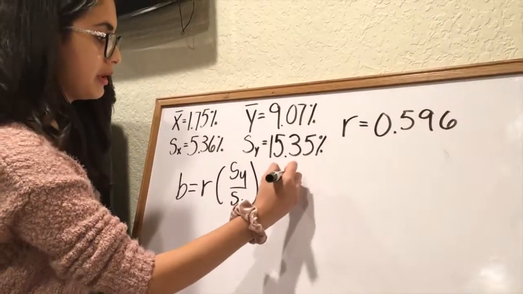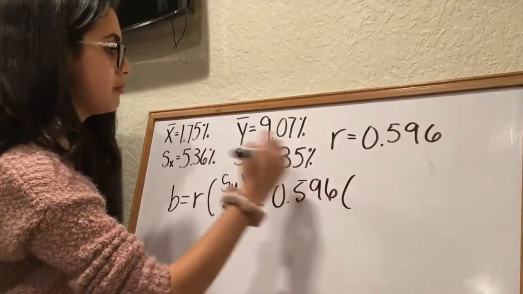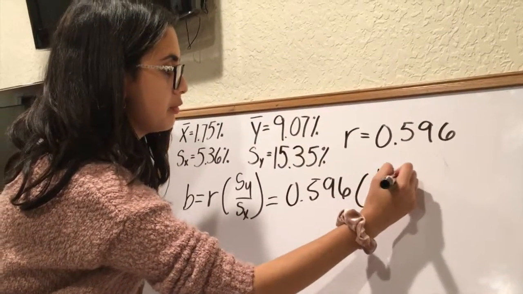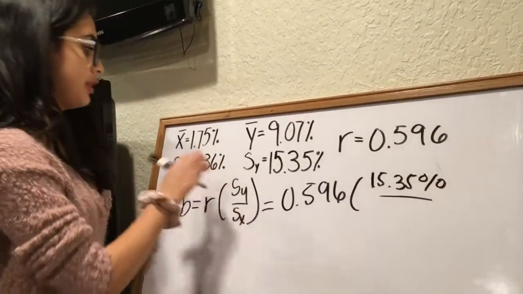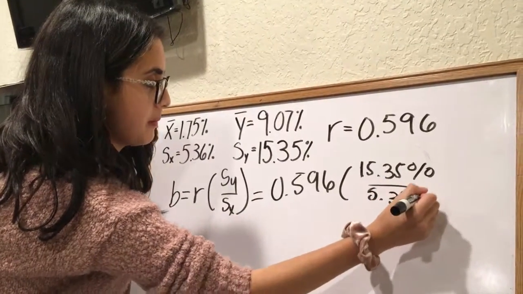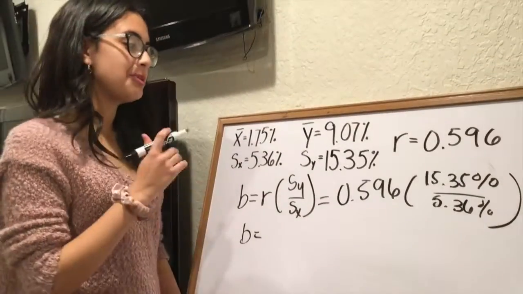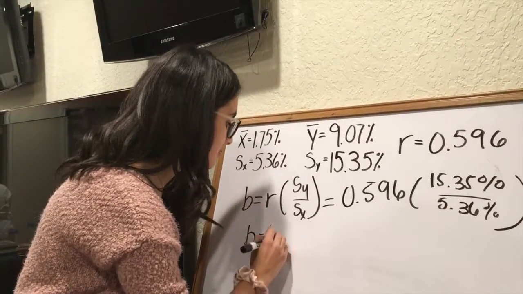So for r, you would plug in 0.596. For s sub y, you would plug in 15.35%. And for s sub x, you would plug in 5.36%. When you plug in your values, you would get 1.707 for b.